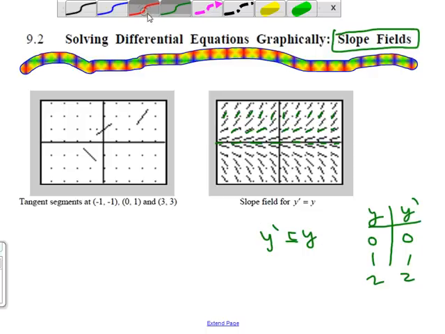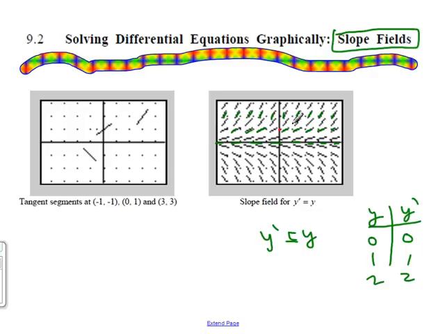If I were to give you some point, like you're at the point 0, 1, a graphical solution to this differential equation is just to follow the slope field. So we're following all those little lines. This shows me a graph of the solution to this first order differential equation, provided that I go through the point 0, 1. Well, what if I went through this point here?